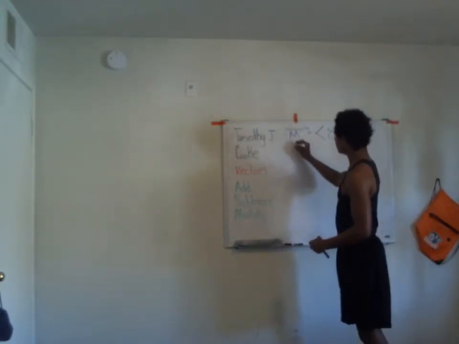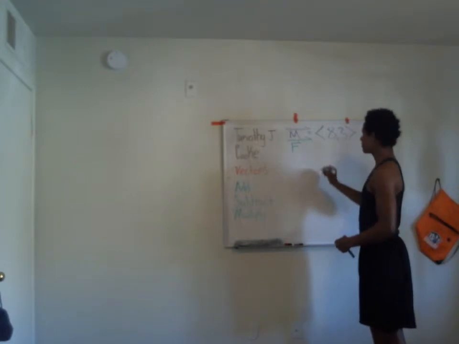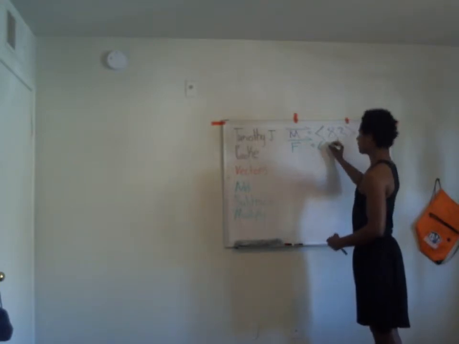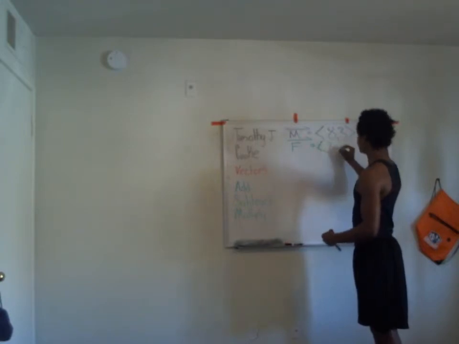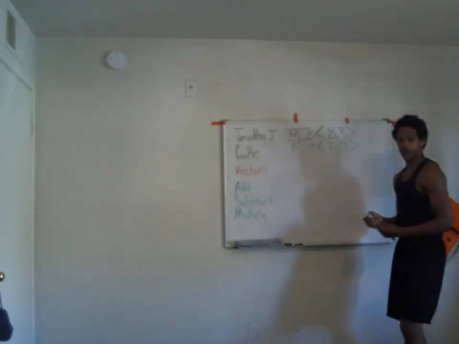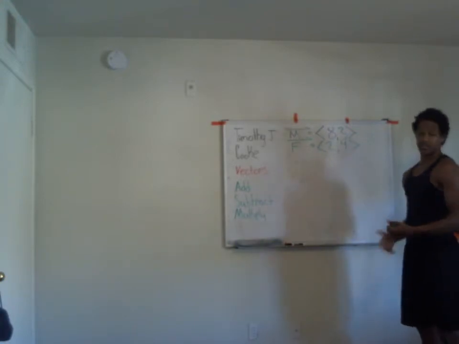So F is going the same direction if you noticed. And that's going to equal, let's say, 2 and 4. Okay, 2 and 4. So let's say that we want to add these two vectors together.